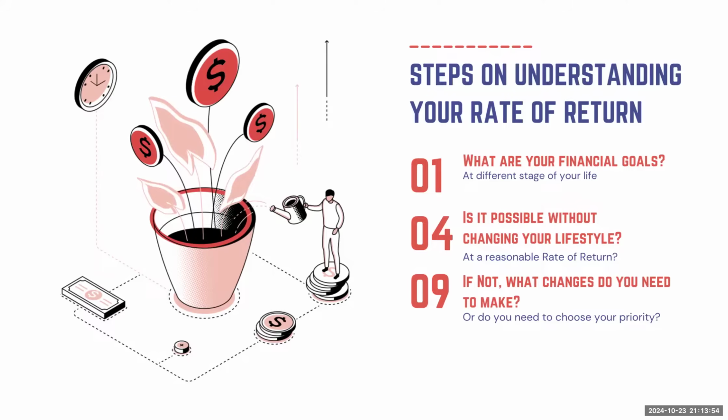And if you can't, what are the things that you need to change? Where can you eke out a little bit more extra income? Where can you reduce expenses right now? And do you feel it is going to be worth it to delay this gratification, and understanding your priorities?